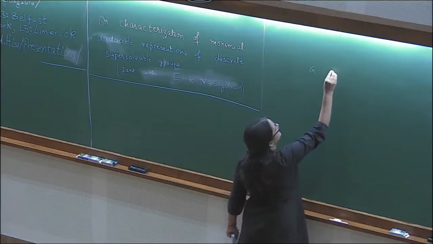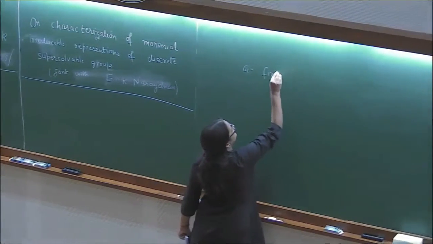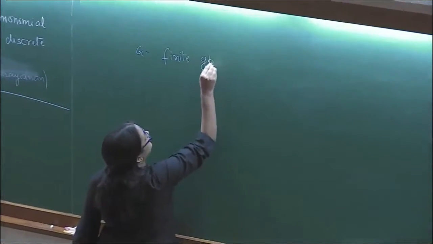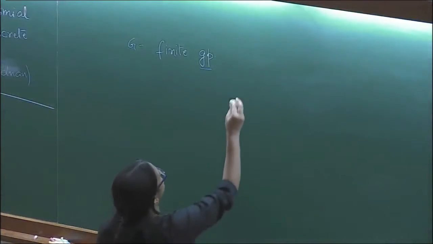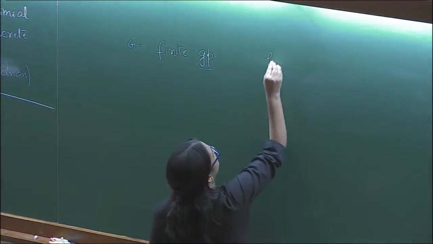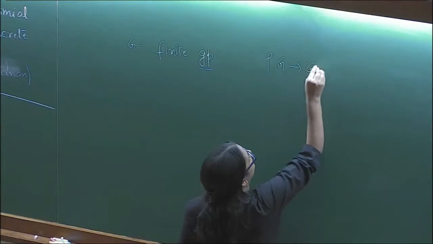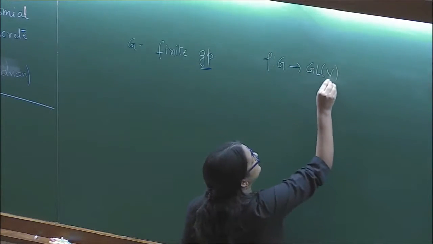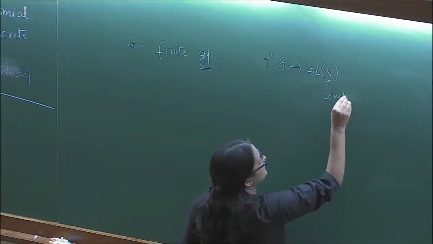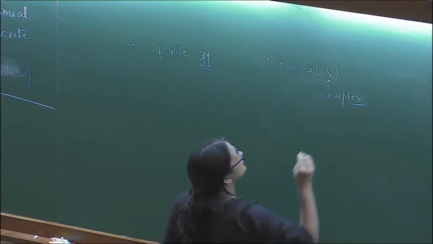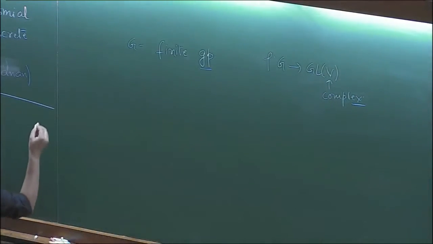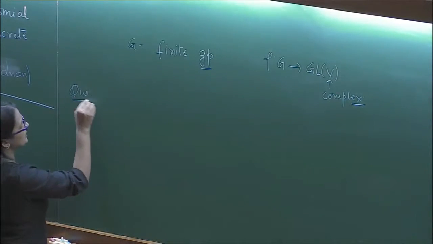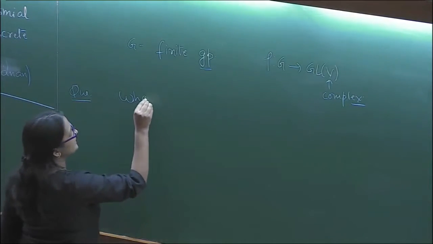Let's say G is a finite group, and by a representation, I always mean complex representations. So the question in group theory that we always want to ask is, what are all the representations of G?